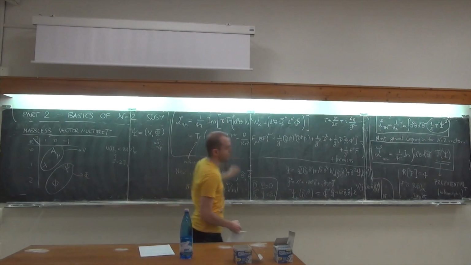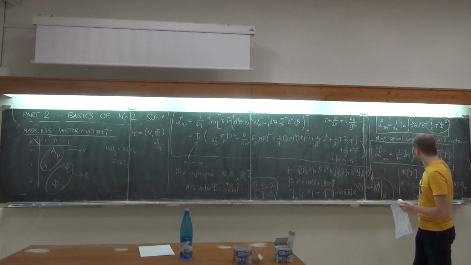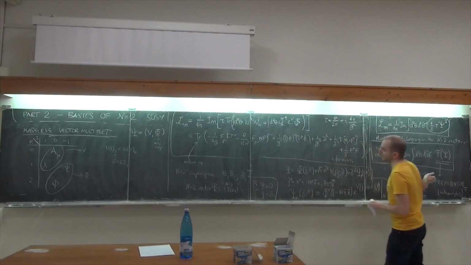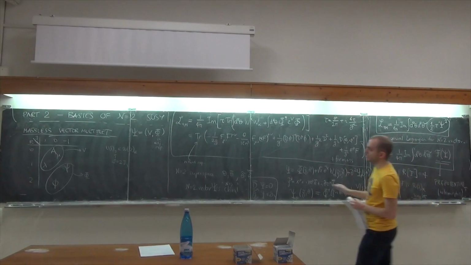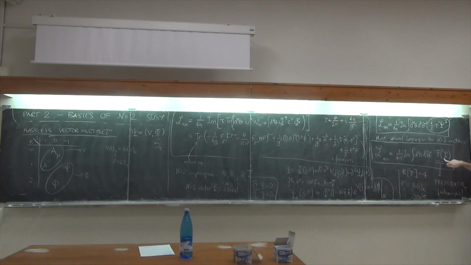But because of N=2 supersymmetry, both the Kähler potential, which determines the kinetic term for phi, and the gauge coupling matrix, which determines the kinetic term for W alpha, will follow from F.